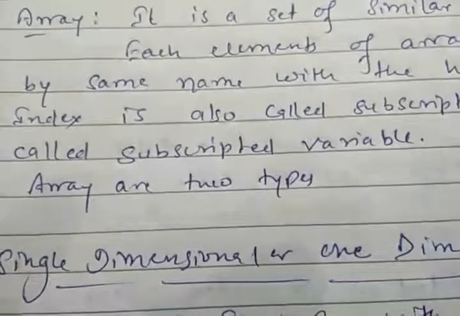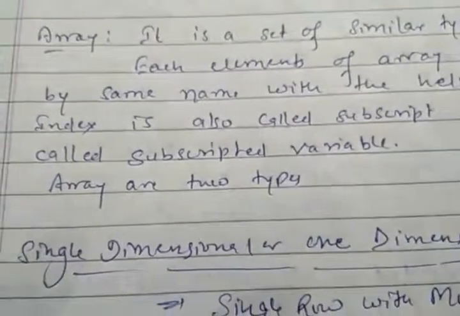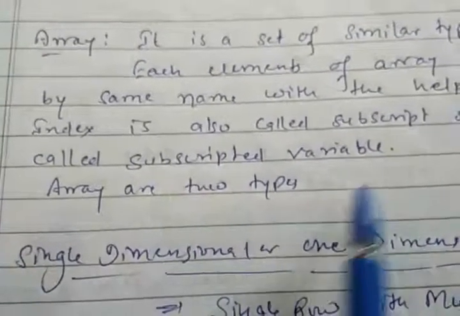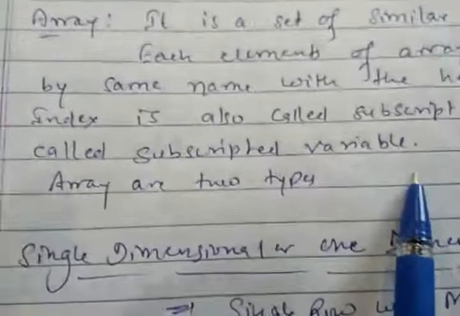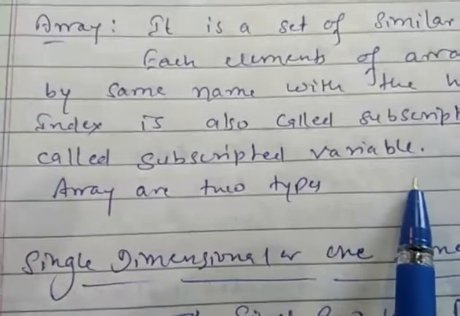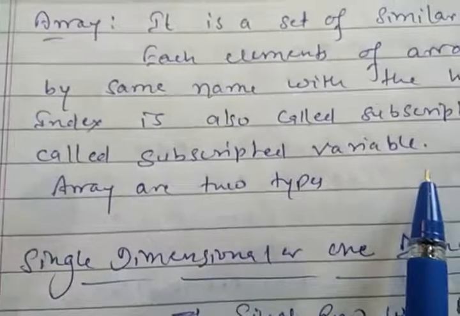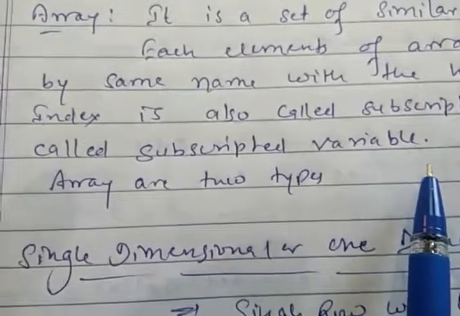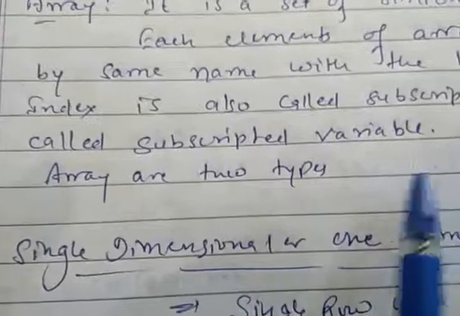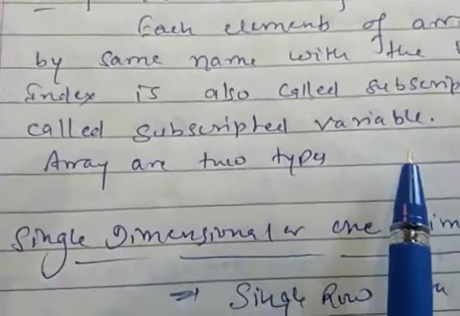Index value is also called a subscript, and the array is called a subscripted variable. So we can say in a single variable we can store multiple values, and this is called an array, and here we are studying NumPy array.